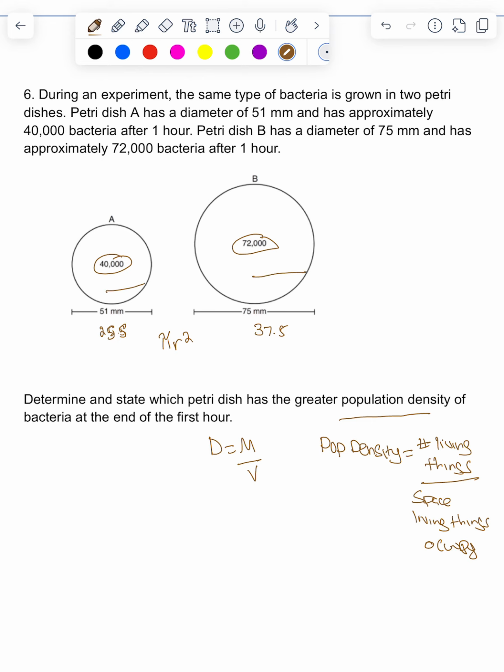So the pi r squared here would be pi times 25.5 squared. And here it would be pi times 37.5 squared. So let's start with petri dish A. Density equals mass over volume. So density equals 40,000 divided by pi times 25.5 squared.